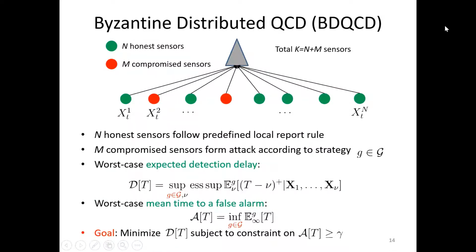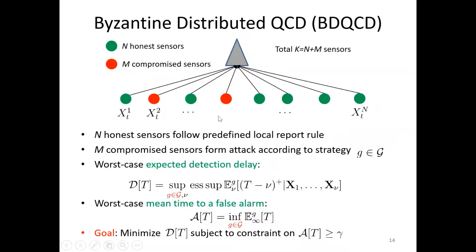All right, so now here is the more advanced version that is called the Byzantine distributed QCD, or BDQCD. In BDQCD, again, we have a fusion center, and he wants to monitor an event through a bunch of sensors, but we know that some sensors are compromised. Here I assume that there are n sensors that are honest, and m of them are compromised.